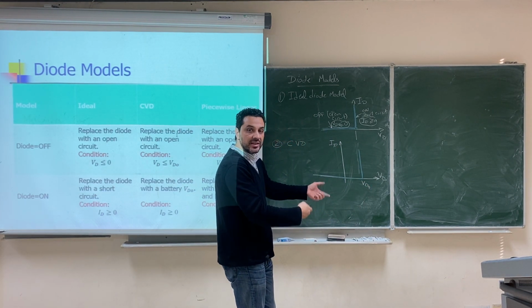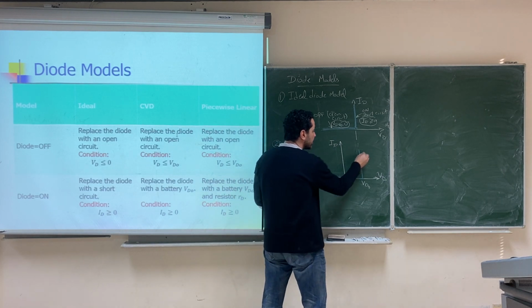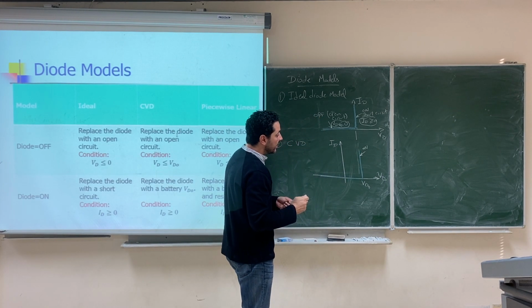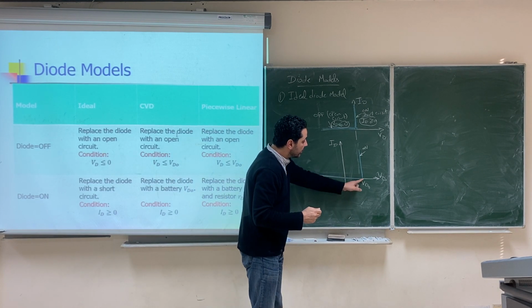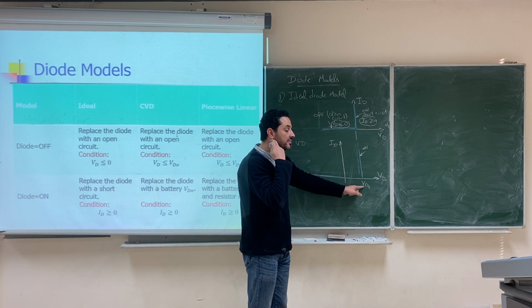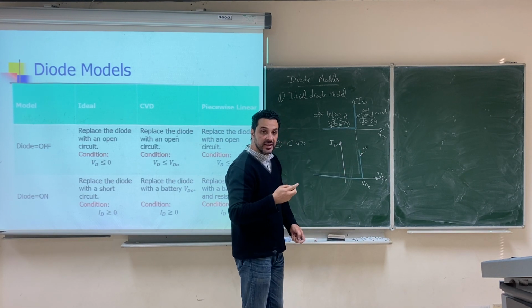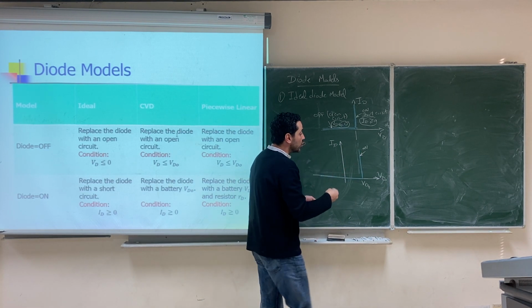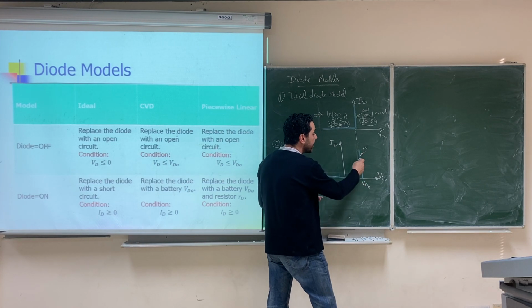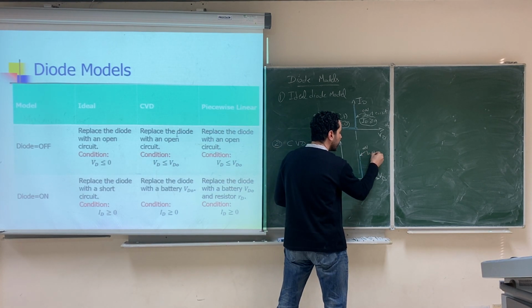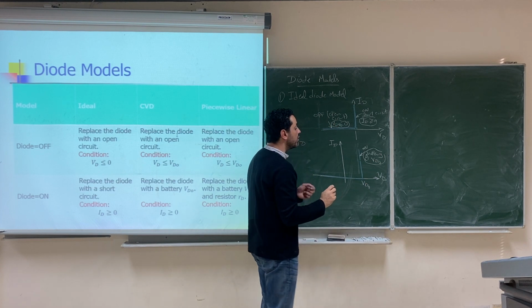This model implies that when the diode is on, the voltage will be VDO, and the current can take any value. So when the diode is on in this region, the diode works as a battery of value VDO.